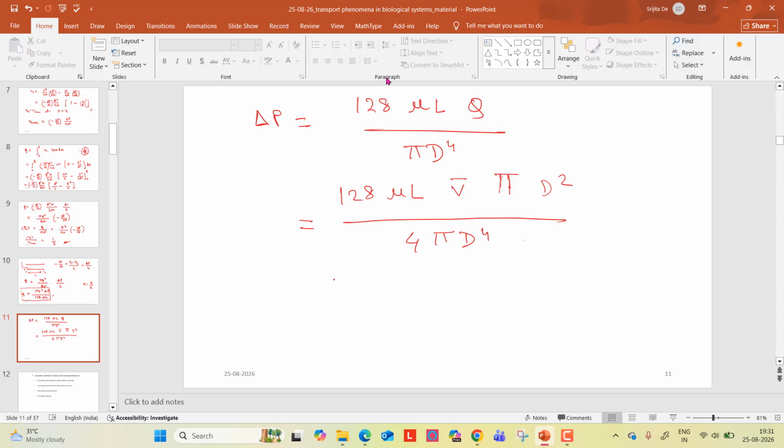So now if you can calculate, it will be coming as 32 mu L V average divided by d square.